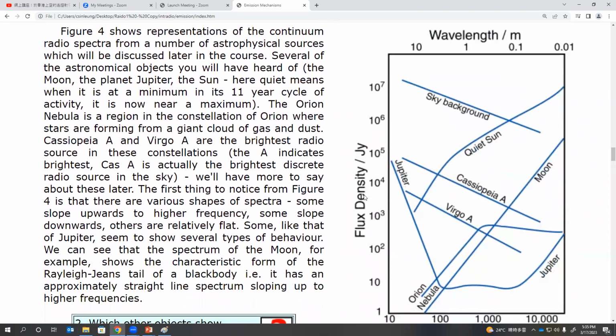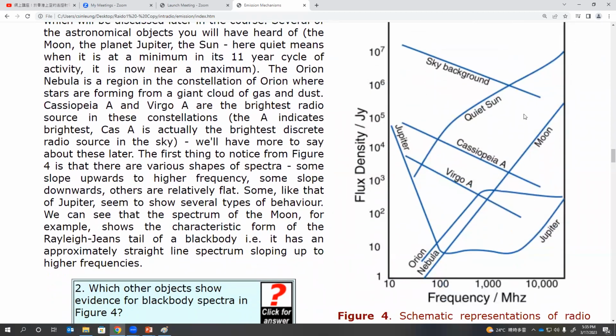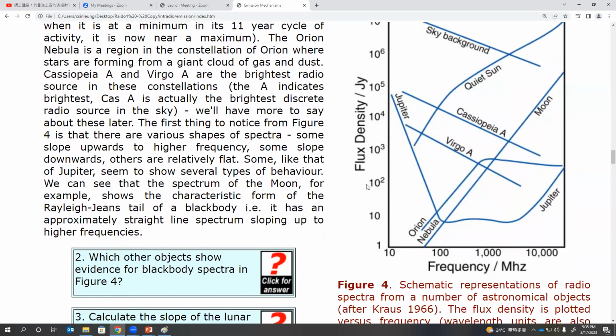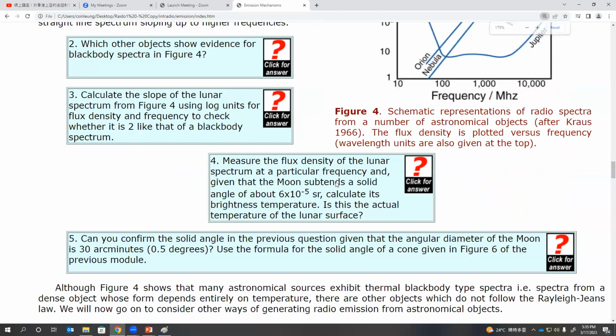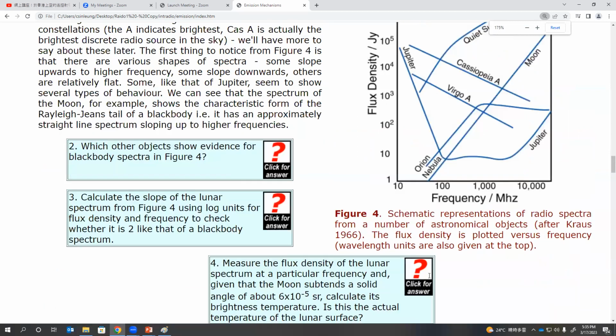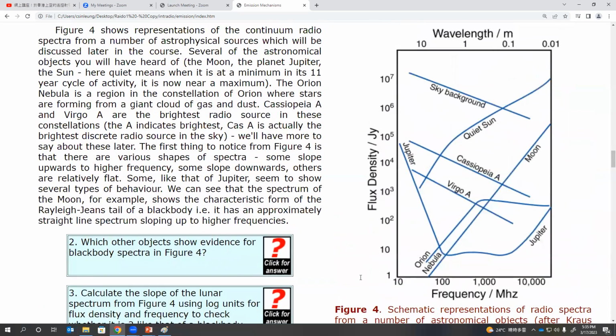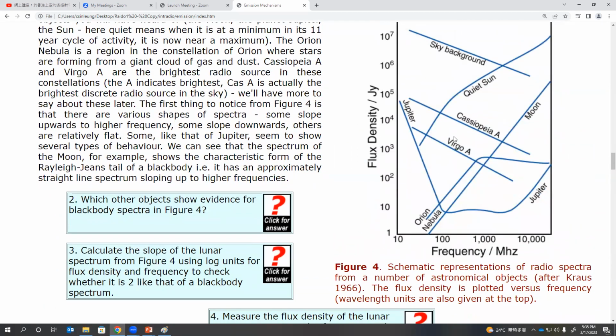And now I would like to say why I introduce this blackbody case to all of you, because usually we will talk about this diagram, figure 4. This is a schematic representation of the radio spectra for different astronomical sources, and we took this diagram from another famous book, written by Professor Kraus.